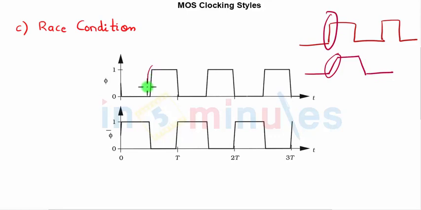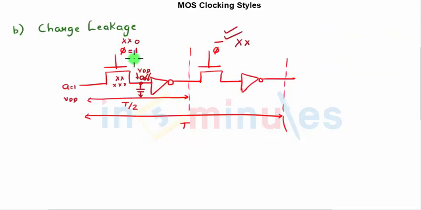Look here, this is the rise time and this is the fall time, which means at some point of time when the input has crossed some value, this phi would be interpreted as logic high and this phi would be interpreted as logic low at the same time. That means at some point of time in between, this will also be on, and this being on means it is taking a new input which it is processing. This is also on. It might take the previous value of the output, or some problem might happen.